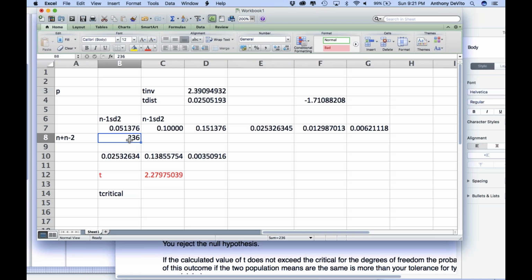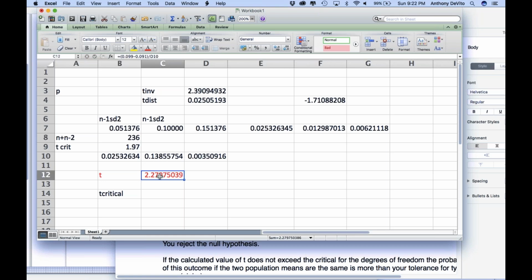Okay, so for 236, if I go to my t-table, that gives my t-critical. Because it's such a big sample size, my t-critical is almost going to be 1.96, the same as z, just because it's such a large sample. Let's call it 1.97, just to be fair, right?